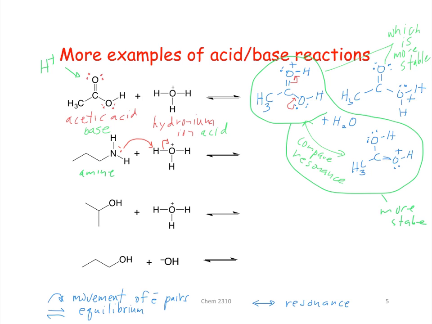And if we do that, it's going to give us this ammonium ion plus water. So the ammonium ion would be the conjugate acid, and water would be the conjugate base.